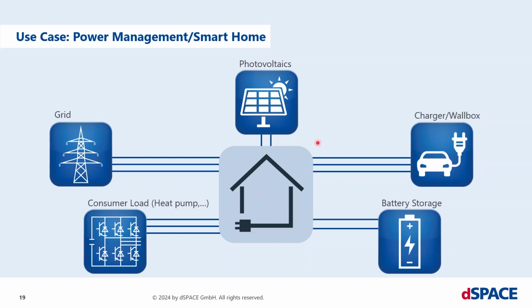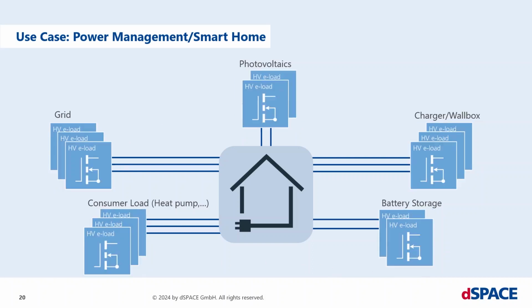For example, if you have photovoltaics on your rooftop, if you have your grid which supplies you with additional power if photovoltaics are not sufficient, you have consumer loads like heat pumps or whatever. You have a battery storage in your basement where the power from the photovoltaics can be stored. And for example, you have a charger and a wall box. With our flexible approach, you can replace all these functions of the environment also by load modules.